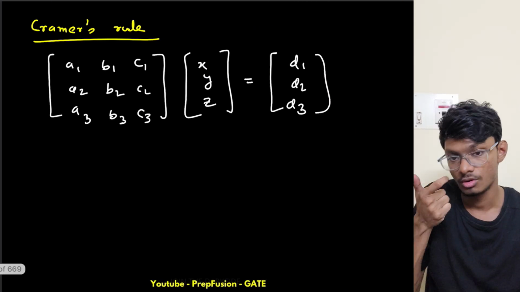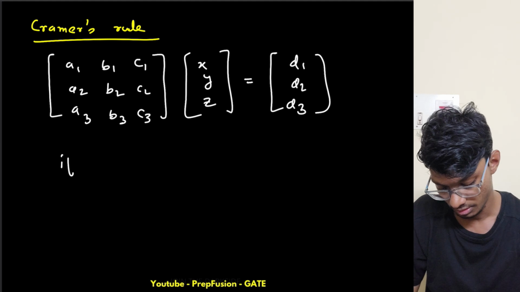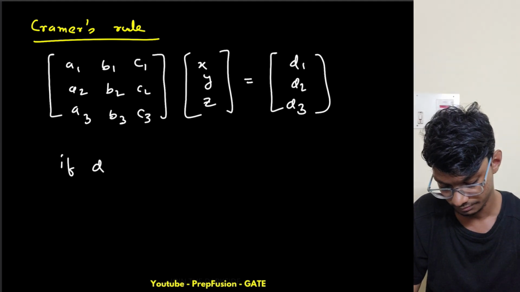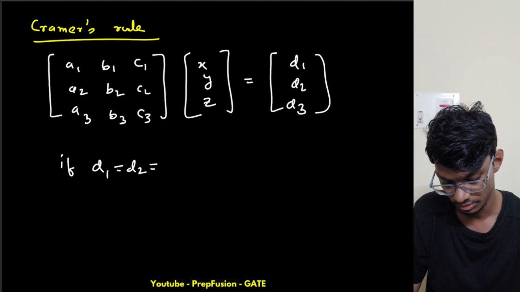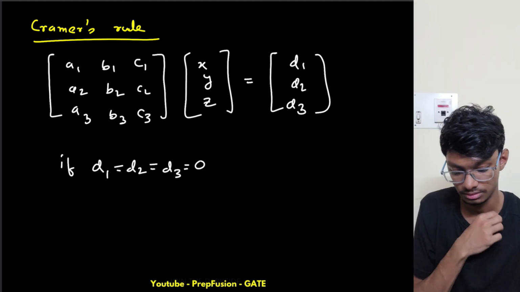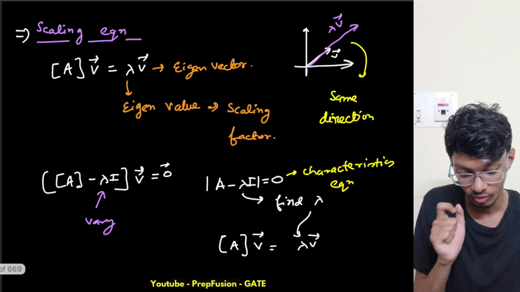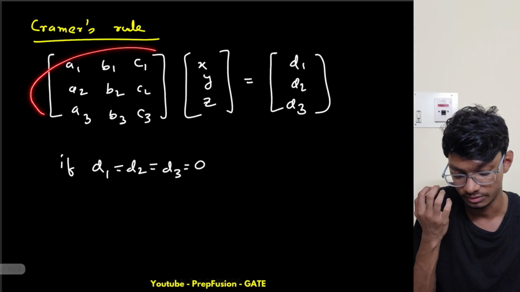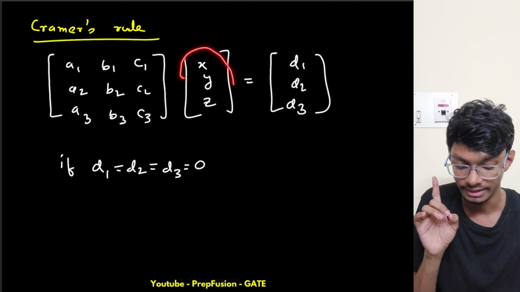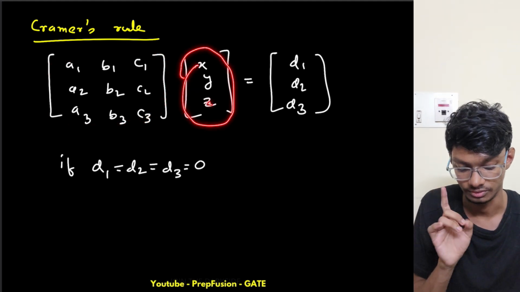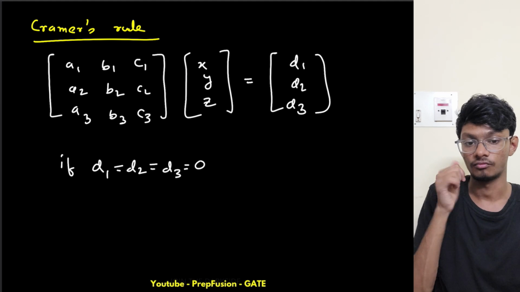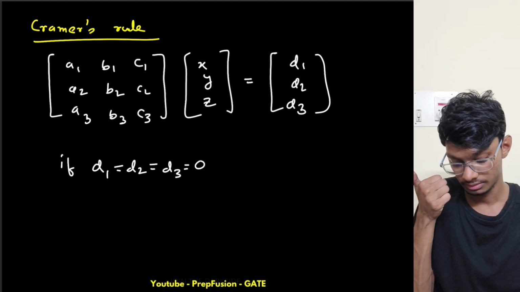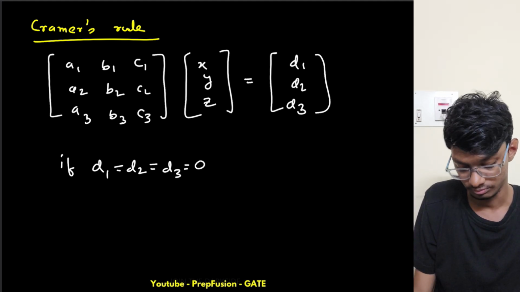Now if d1 equals d2 equals d3 equals 0, then what will be the value of the determinant of this one for getting a unique solution of x, y, z?